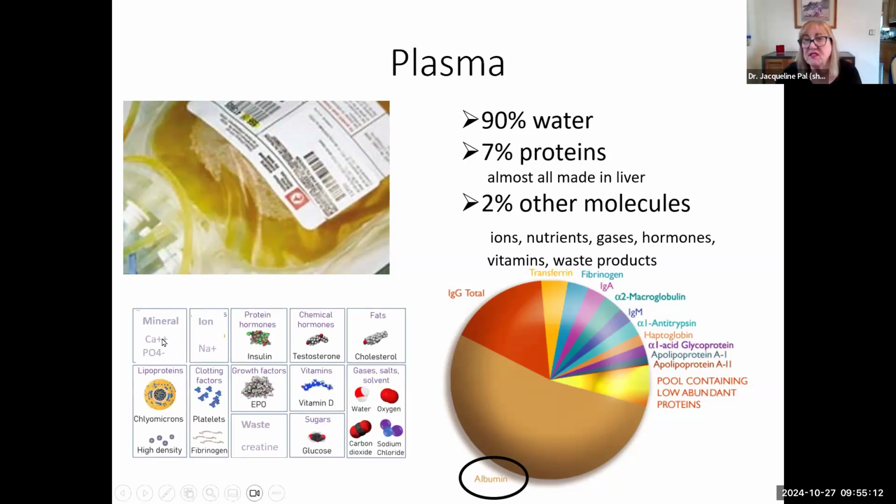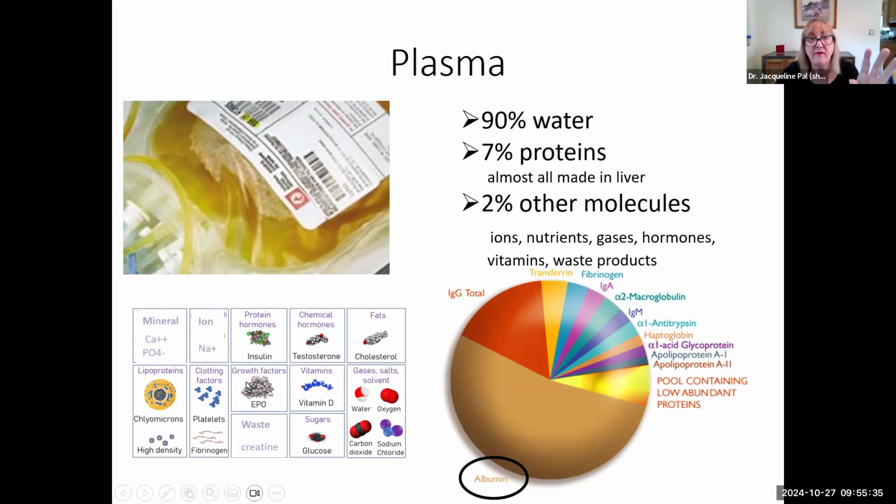We can have minerals such as calcium in our blood. We can have ions like sodium, potassium, magnesium, all kinds of things. We can have protein-based hormones like insulin. We can have steroid-based hormones like testosterone, fats like cholesterol I talked about already, and chylomicrons. Those are also our clotting factors.